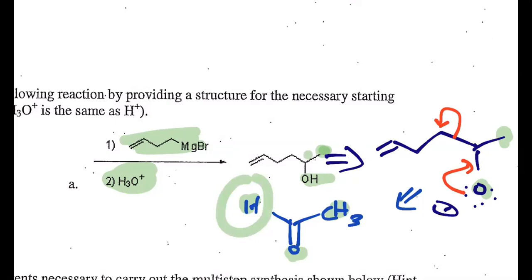It's not shown because it's skeletal. So I'm just plucking off the OH proton to make oxygen negative. That's my process for working backwards: make oxygen negative, put the pi bond in, and break one of the carbon-carbon bonds.